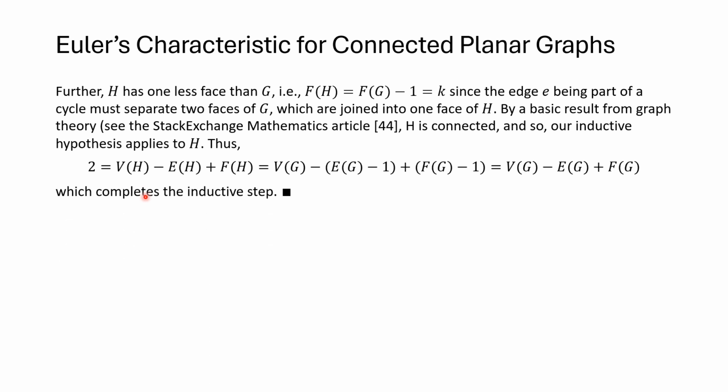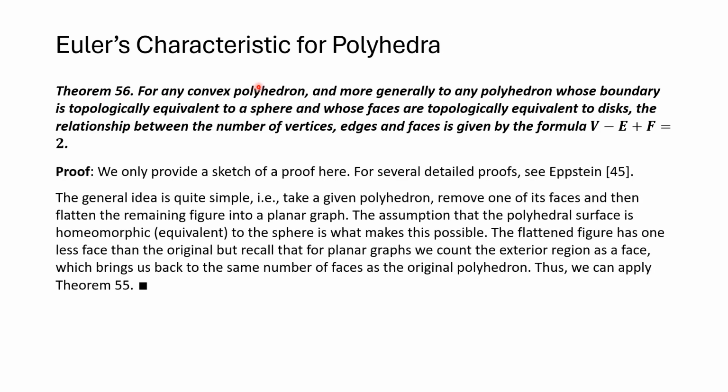So that completes the proof of our theorem. In general, the Euler characteristic holds for a convex polyhedron, not just the connected planar graphs that we showed in the previous theorem.